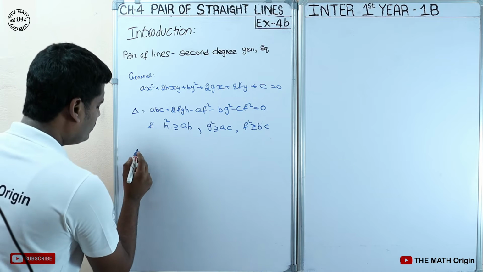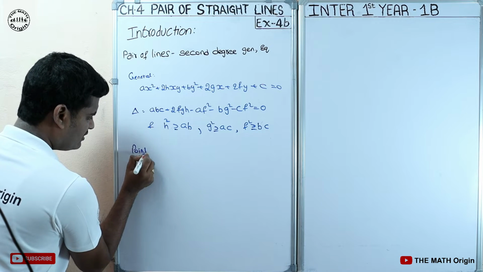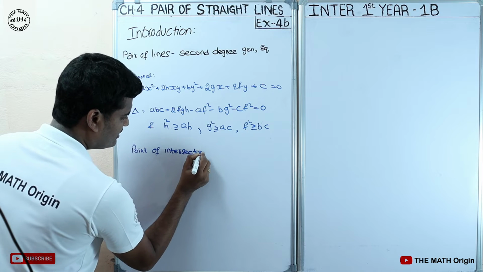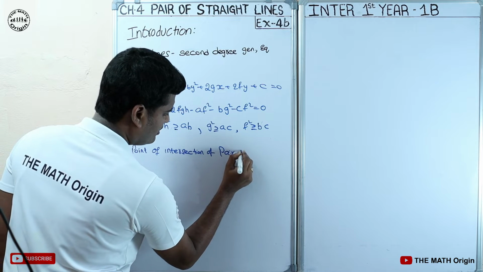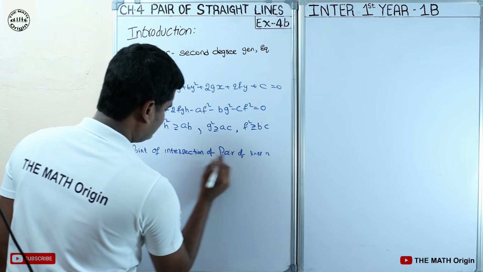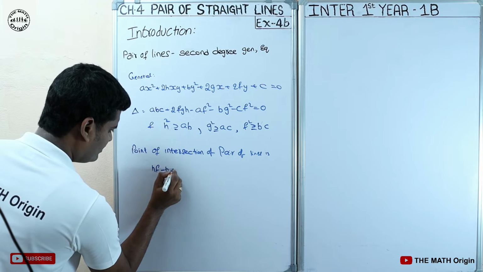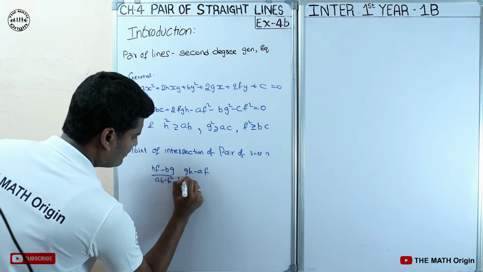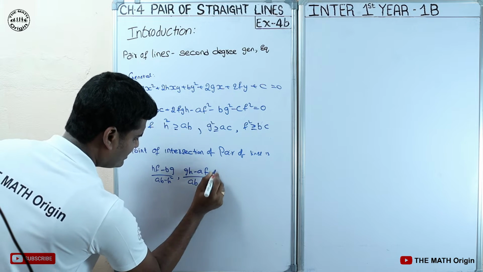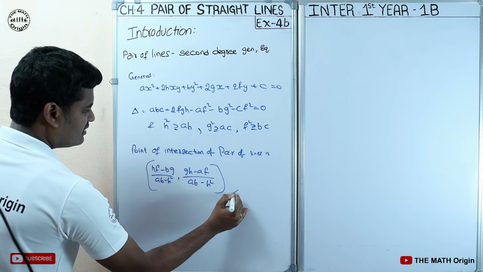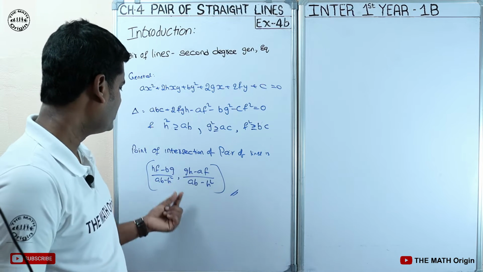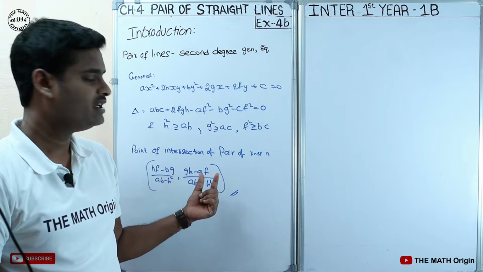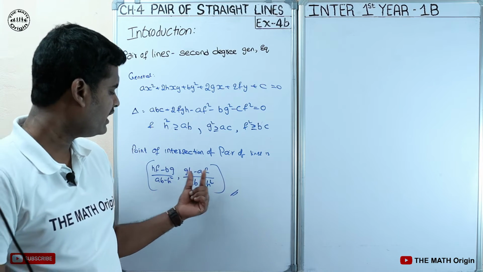Now here also the point of intersection of the pair of lines is (hf minus bg) by (ab minus h square), (gh minus af) by (ab minus h square).